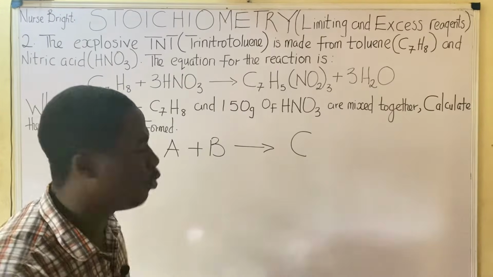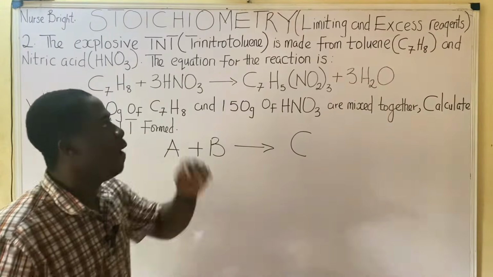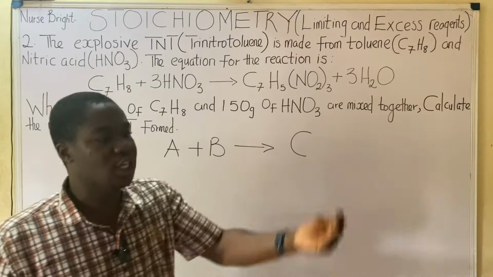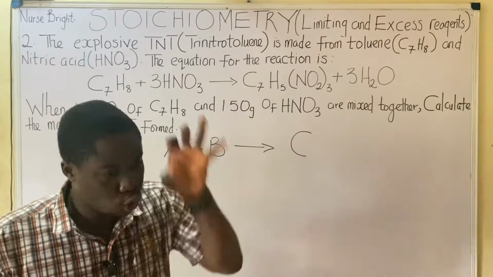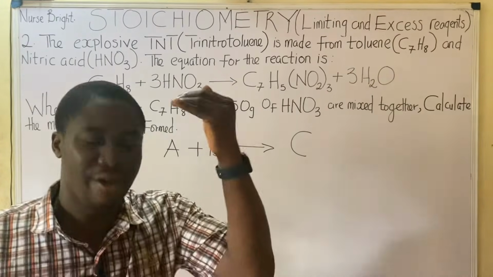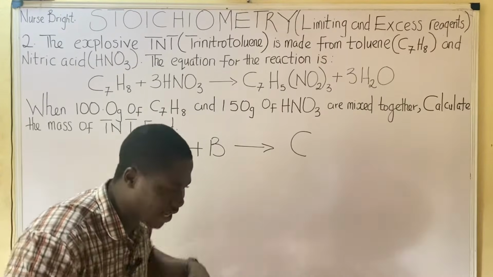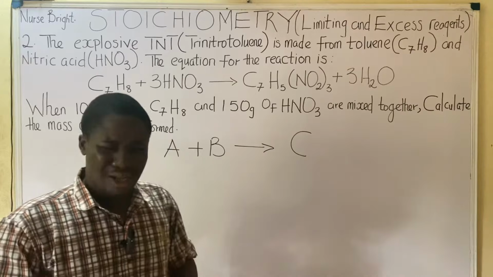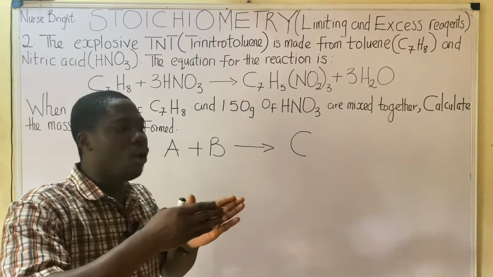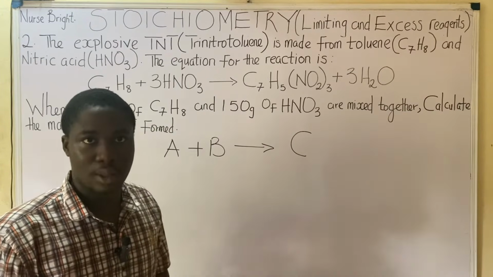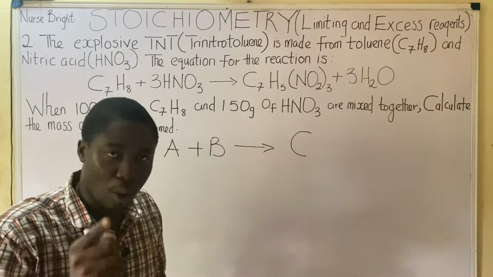So the point I'm trying to make here is this: the reactant that finishes first in a reaction should be called the limiting reactant or limiting reagent, because it finishes first before the reaction goes into completion. So there will be a stop to that reaction.